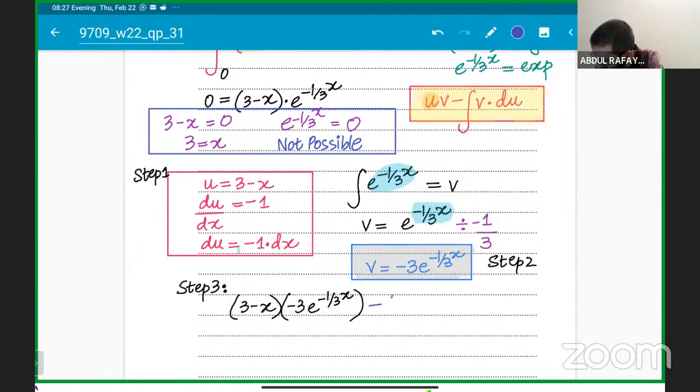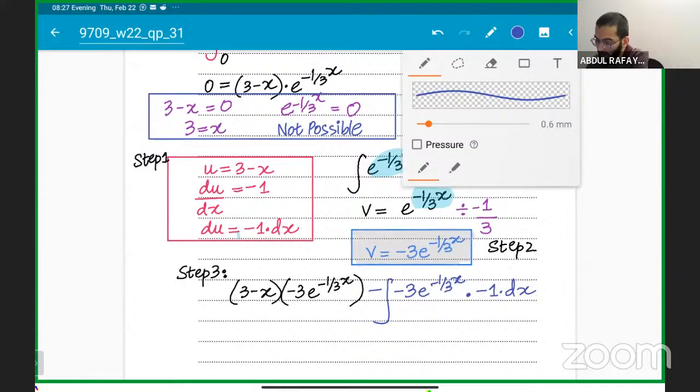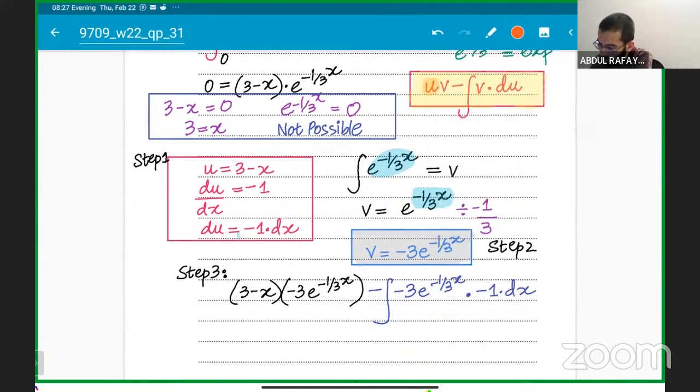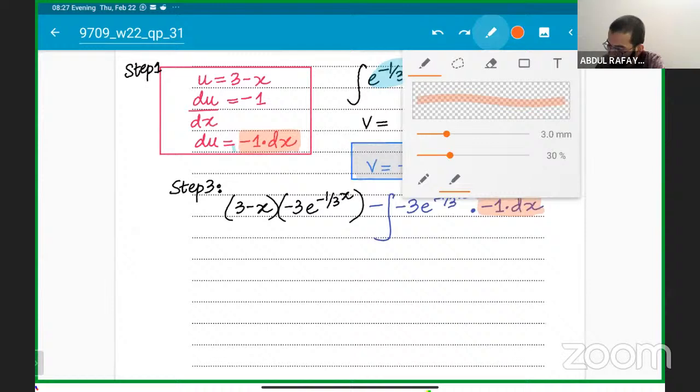Minus the integral of v, that is negative 3 e power negative 1 over 3x, times du. du is minus 1 times dx. I've written it here and substituted here. And we know v is this thing, so we have already taken that. Formula is ready, okay?